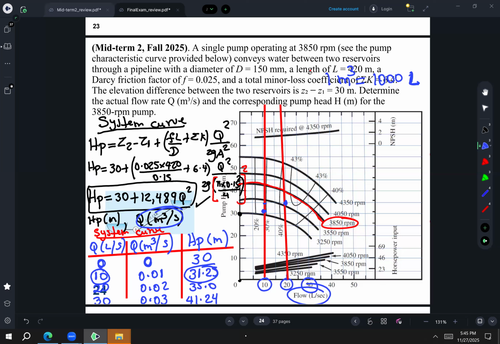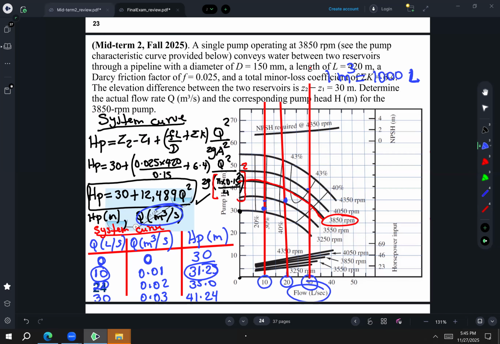Then when the flow is 30 liters per second, which is here, this will be 41.24. So we can draw again a line here. If the flow is 30, it will be 41.24.